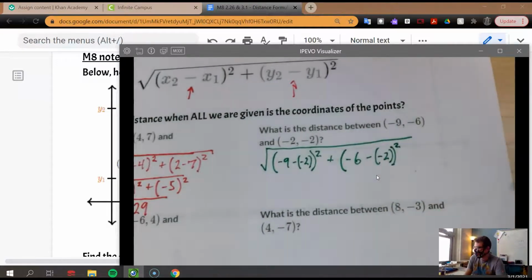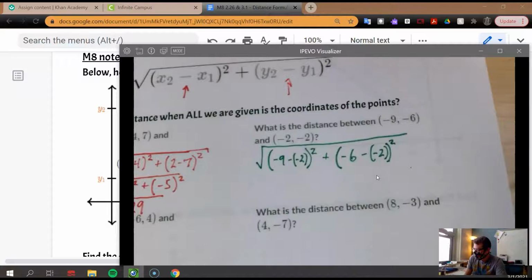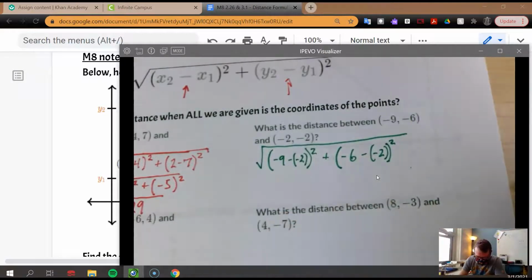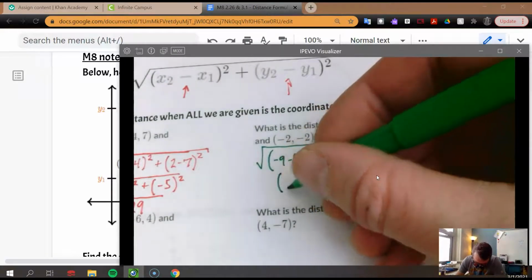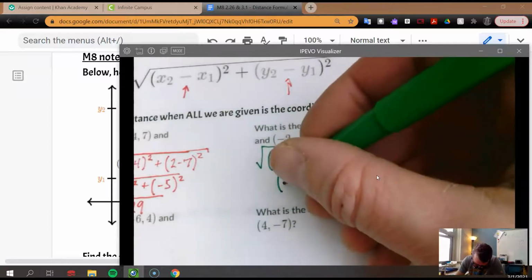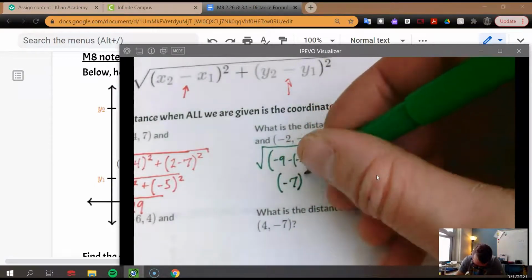it's that. But minus negatives are actually positives, so that's -9 plus 2. So that's -7.